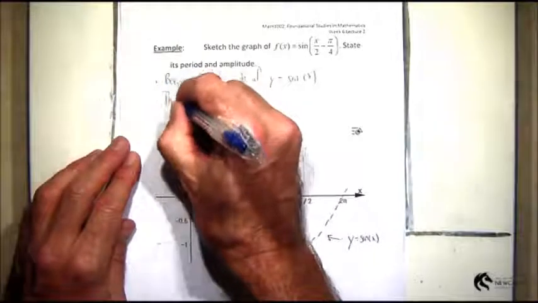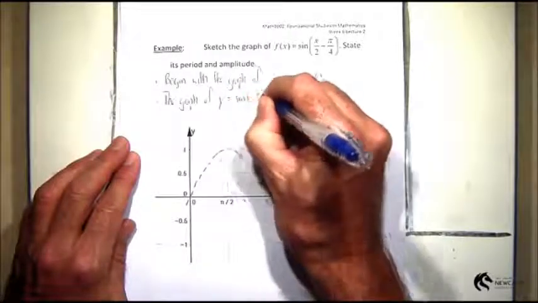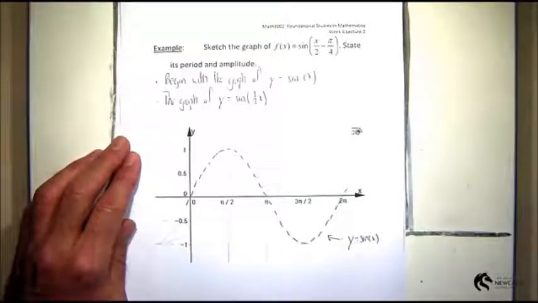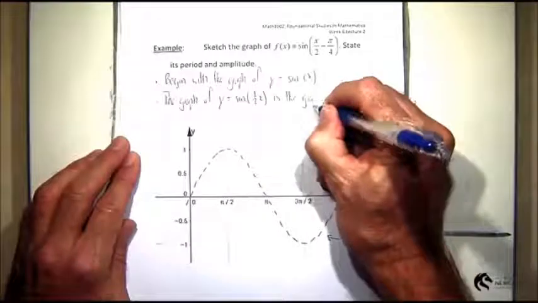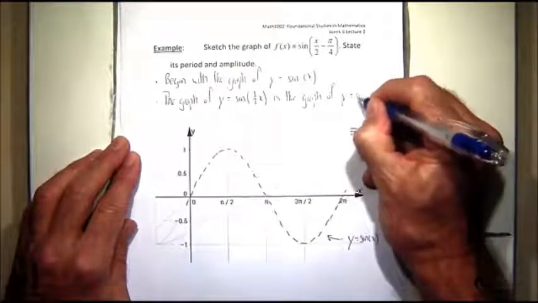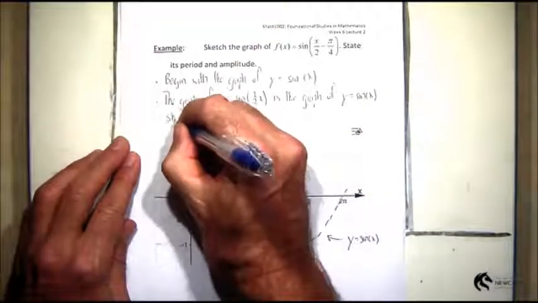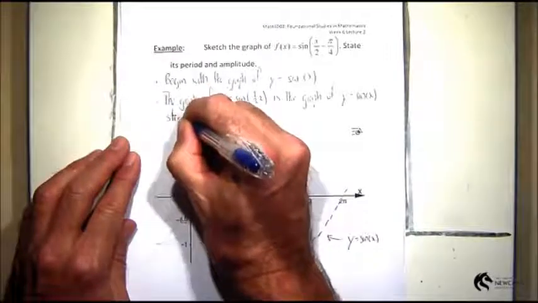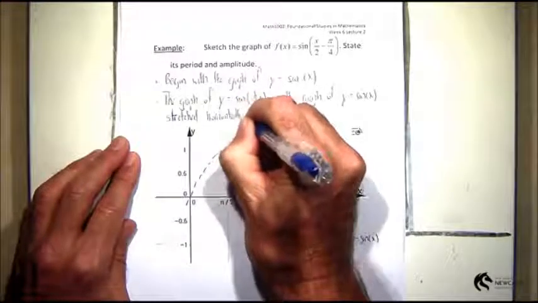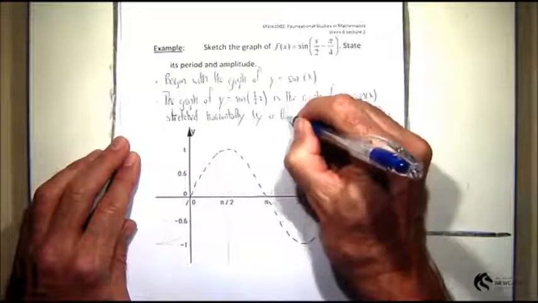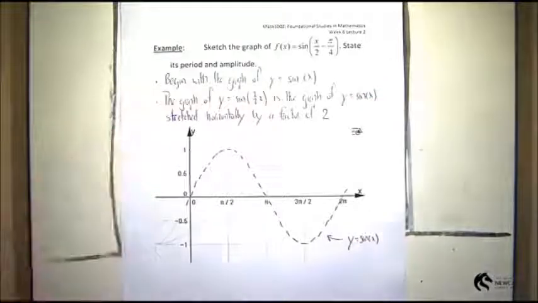The graph of y is equal to sine 1/2 x, or x on 2, is the graph of y is equal to sine x, the one we just drew, stretched by a factor of 2.